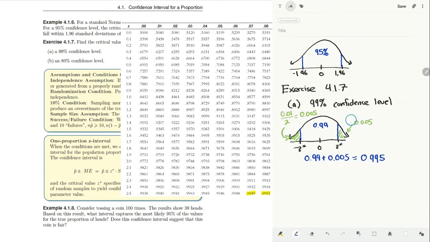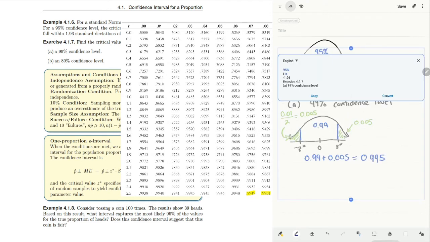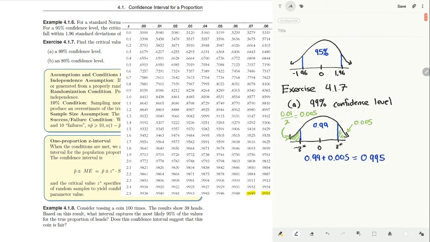So the area to the left of 2.57 is equal to 0.9949, and the area to the left of 2.58 is 0.9951.